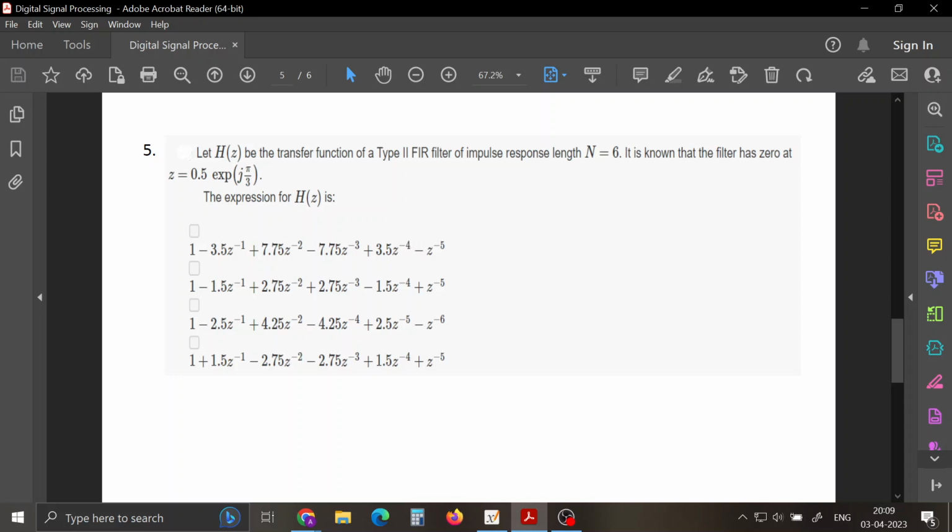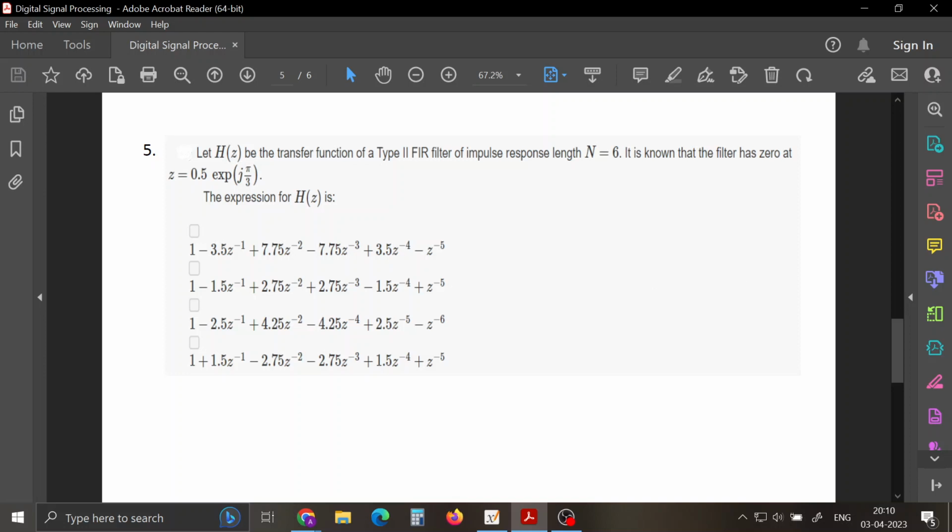They are equal but opposite, like an odd function. Similarly the second sample is -3.5, and the second last sample is 3.5, the negative of that, and likewise 7.75 and -7.75. So option 1 is clearly not possible because it is odd symmetric, not even symmetric.